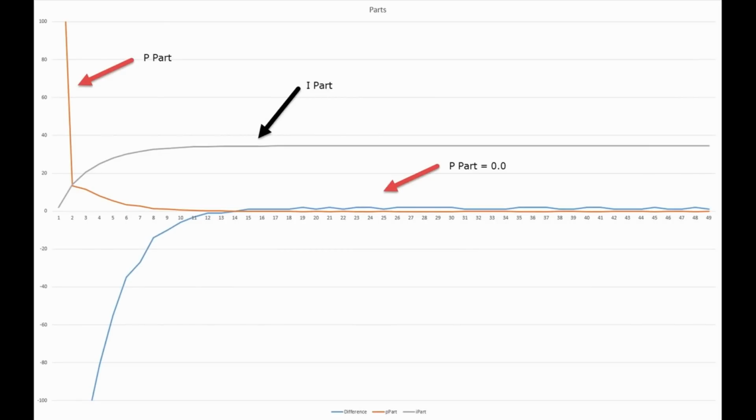Interesting for me was also to observe how much the different parts contribute to the total in a PI controller. At the beginning, the P part carries the big load and the I part does not contribute. This changes quickly, and after a few cycles, the I part contributes nearly 100%.